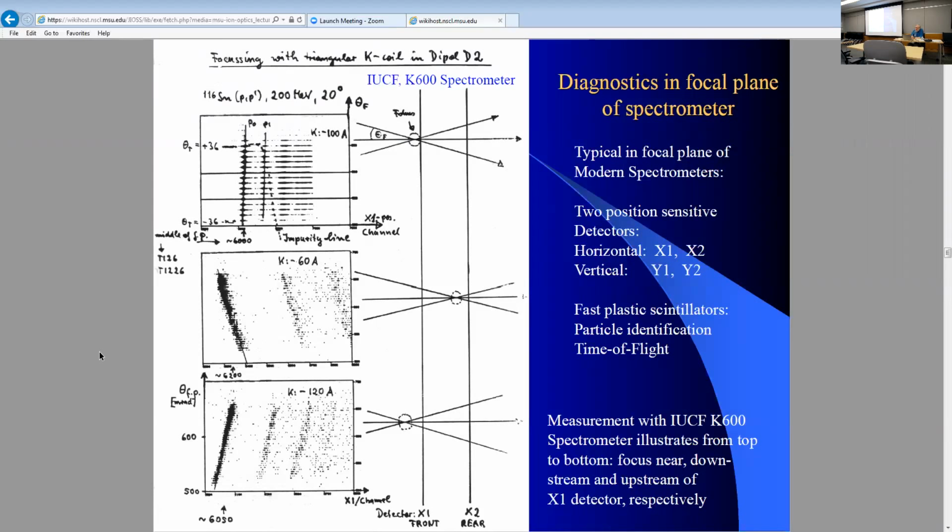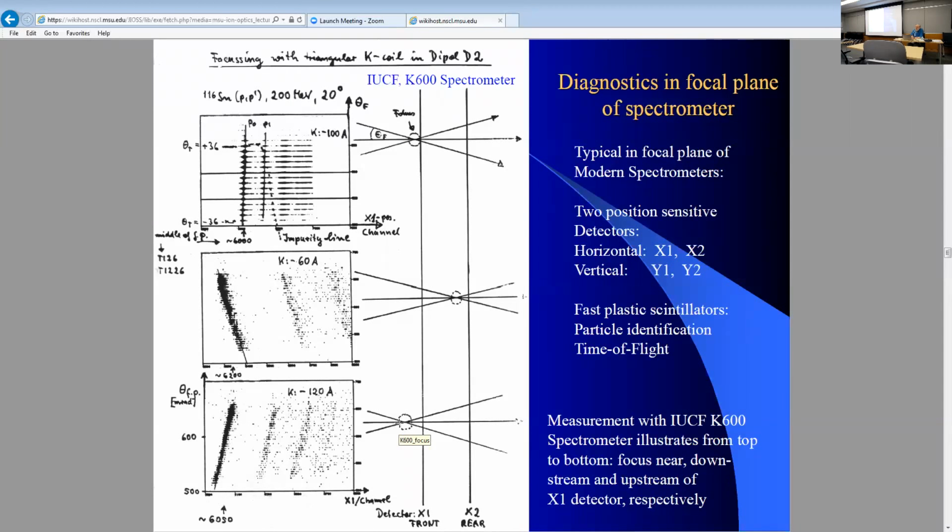Now, if you would focus downstream, then this original line will tilt to one side. If you have your focus upstream, it will tilt to the other side. Since we know this angle and so on, and do these measurements, we can reconstruct by software and make the projection of all these, which will give the spectrum with nicer resolution.